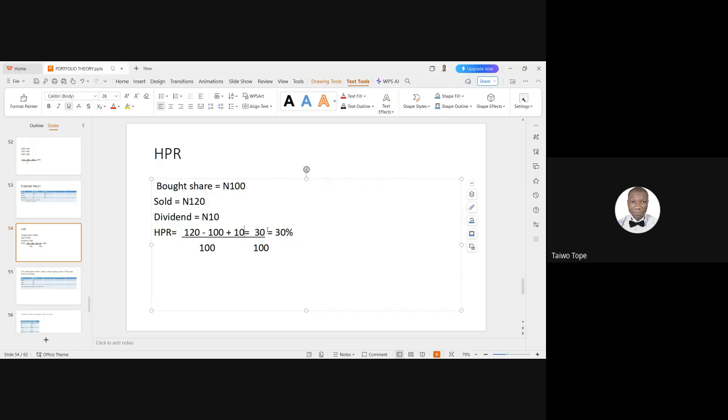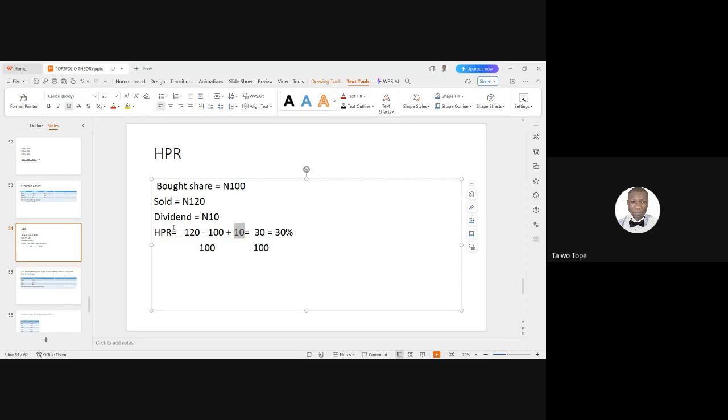So this concept is built on the fact that what will be the actual performance? It is built upon the capital gain or loss, or income in form of dividend.